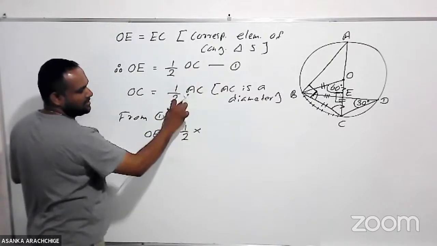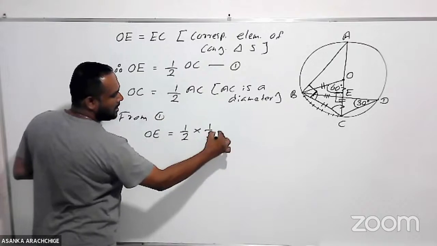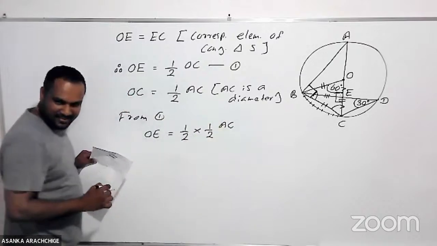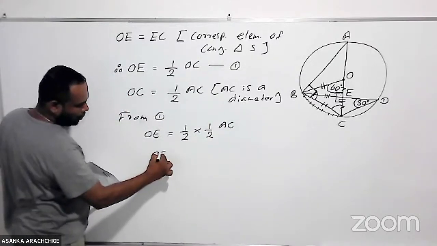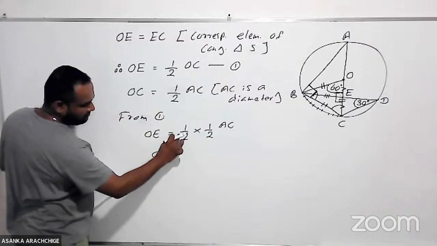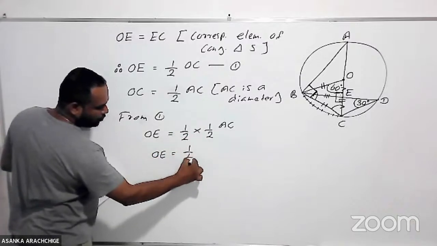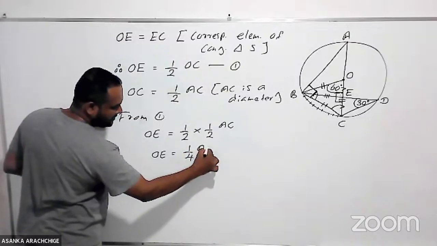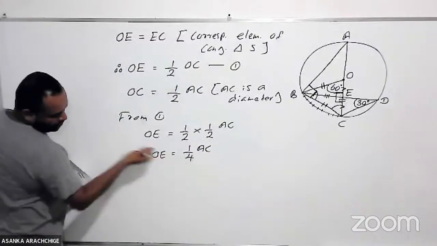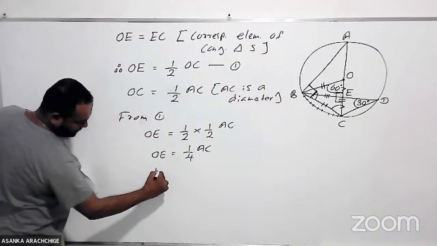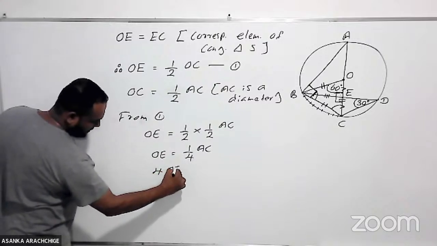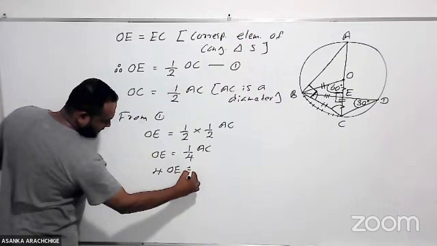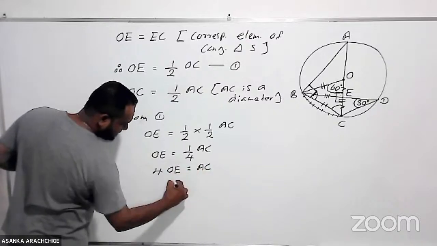Instead of OC, I write half AC. Clear? That means OE is equal to half into half, 1/4 AC. Now do the cross multiplication. Therefore, 4 OE equals AC.